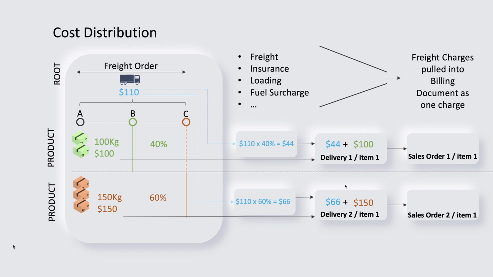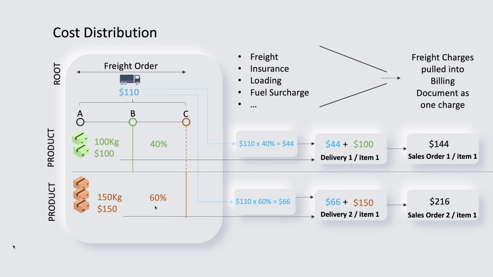Meaning that from a cost distribution point of view, what is happening is that we've got $144 being distributed back to this sales order, and that's split across the $100 that came from the product as well as the $44 that came from the 40% of the 110.